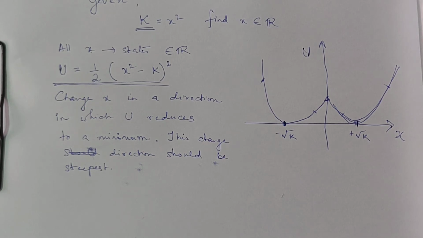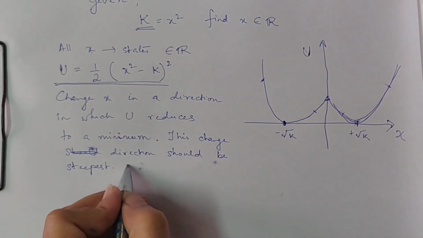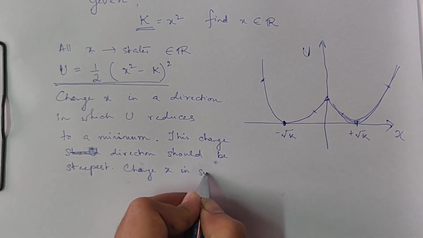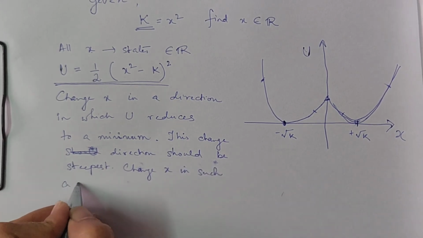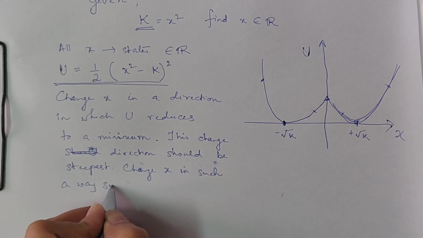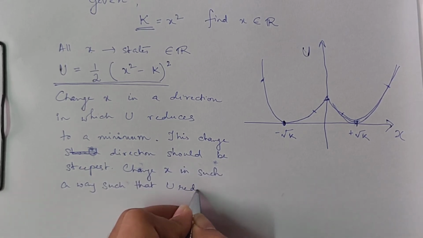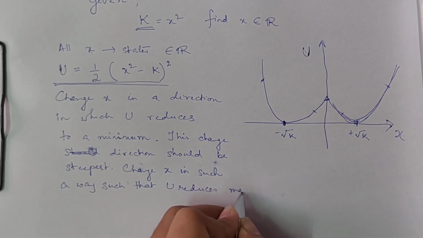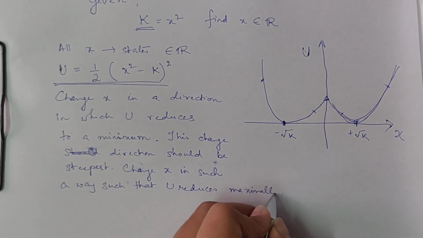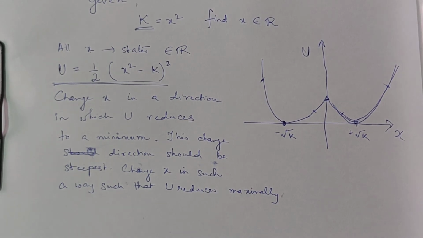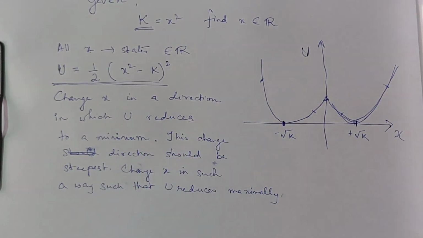I want to change my x in such a way that u reduces maximally. I want the maximum reduction of u to reach my global minimum, right?